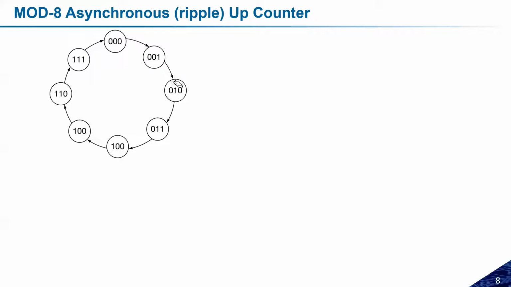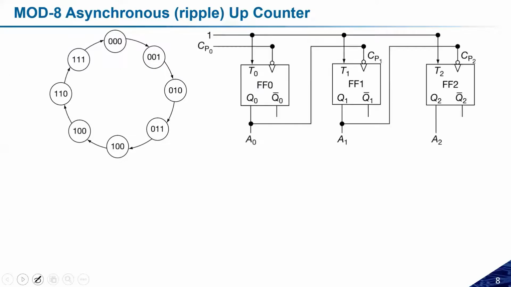Now as I already told you, we require 3 flip-flops, and the output of the first flip-flop, FF0, will be connected to the clock of the second flip-flop, and the output of the second flip-flop will be connected to the clock of the third flip-flop. So this is how it simply looks.